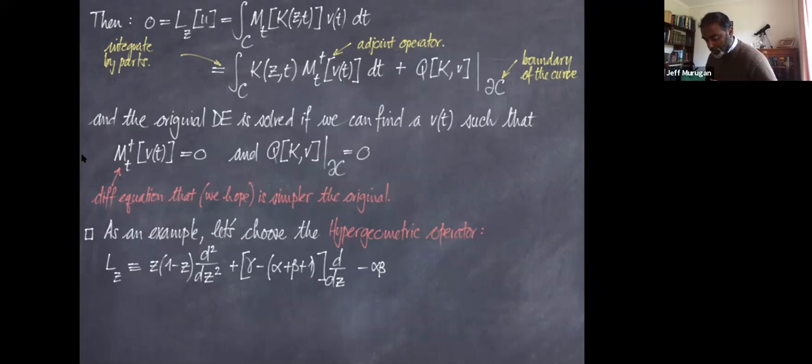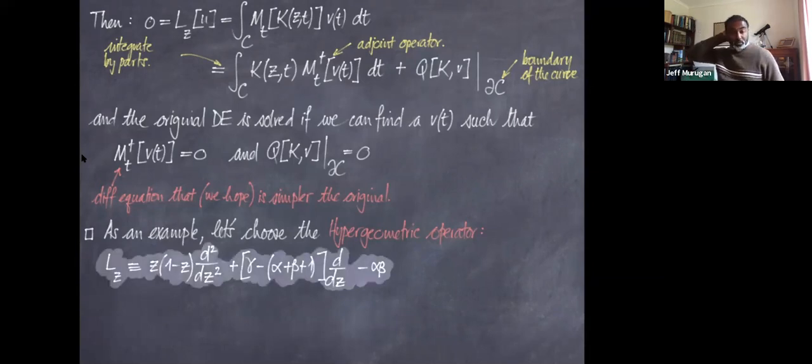And this is the operator we want to study right now and use it to illustrate this method of solutions of differential equations. In this case, the differential equation we're going to be concerned with is the hypergeometric equation, which is one place you could find it is when you try to solve certain quantum mechanics problems and variants thereof, for example.